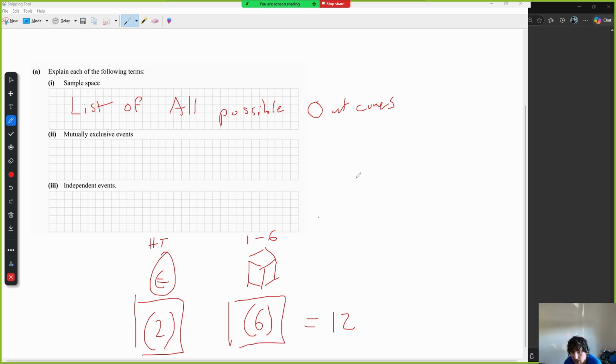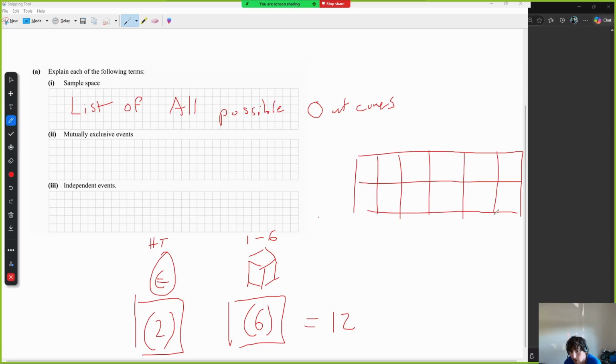How would you create the sample space if you were asked? You'd make a little table like this. Okay, this is important for people. So this could be your head and your tail, and this is the 1, 2, 3, 4, 5, and 6. So then this will be H1, H2, H3, H4.